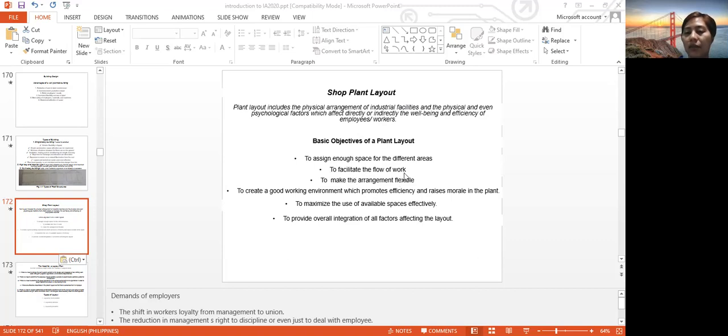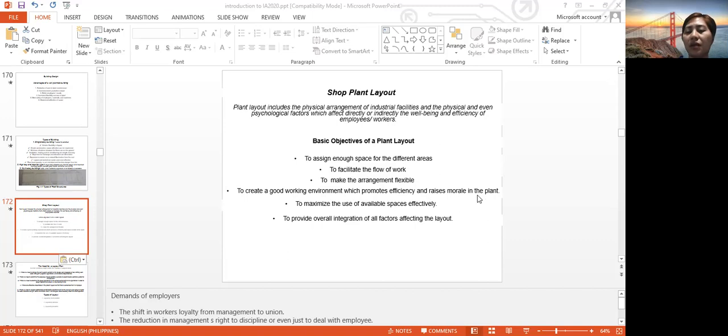This is what I kept on telling a while ago, that if everything is arranged, then everyone inside the working station can do their work smoothly. To make the arrangement flexible, to create a good working environment which promotes efficiency and raises morale in the plant.